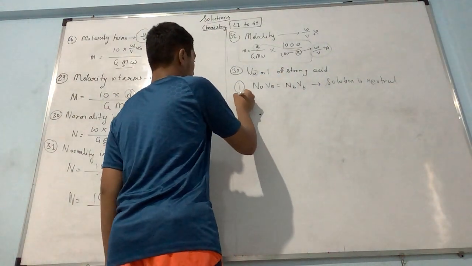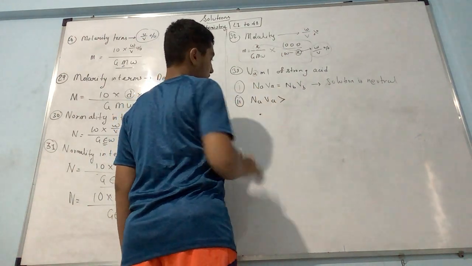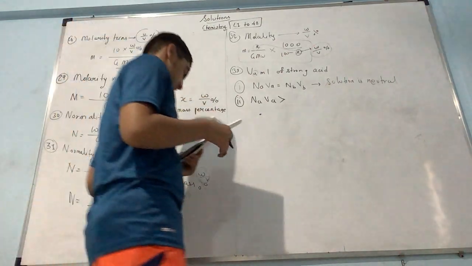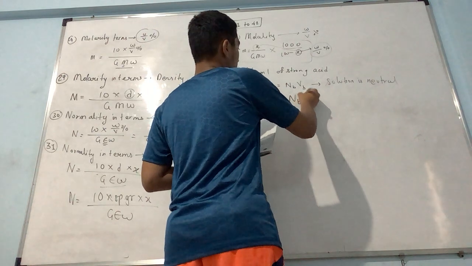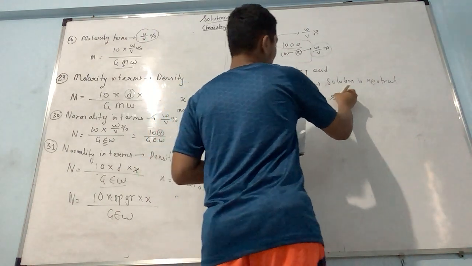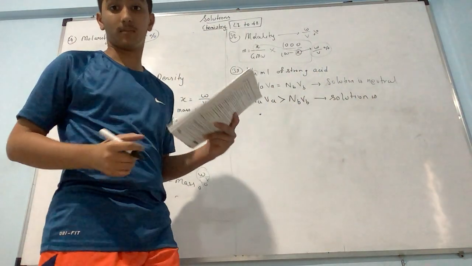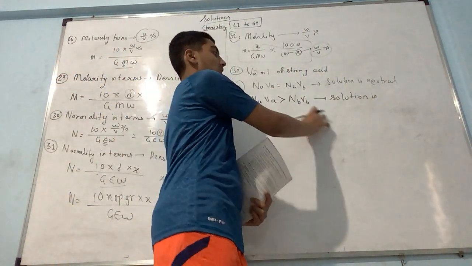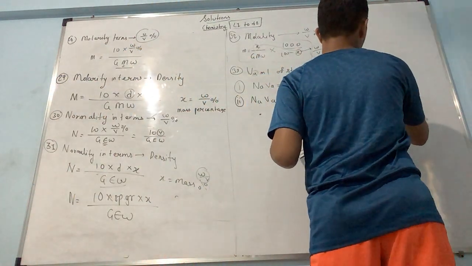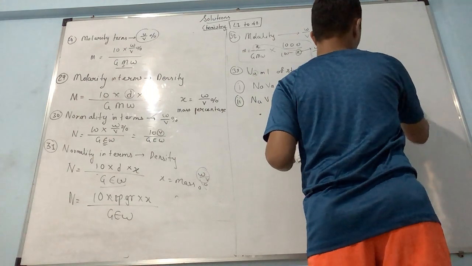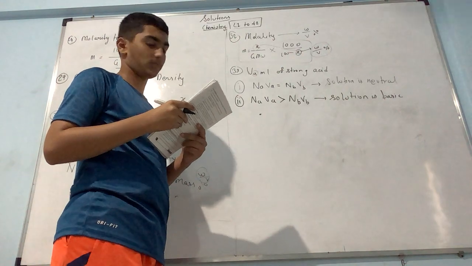When we have VA greater than VB, then the solution will be, keep this in mind, it will come in the exam where they will give you this and you have to find whether it is neutral, acidic or basic.